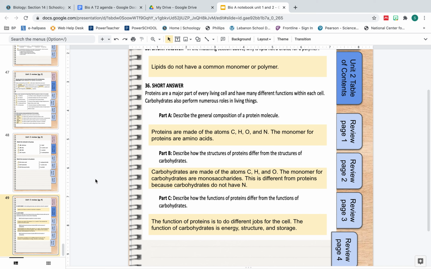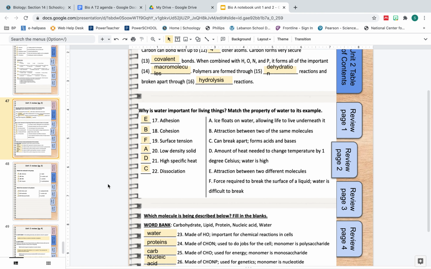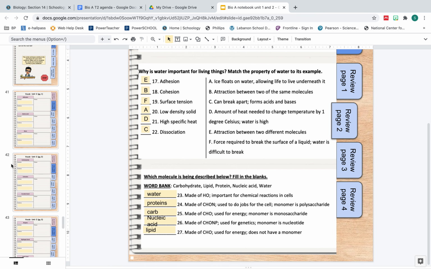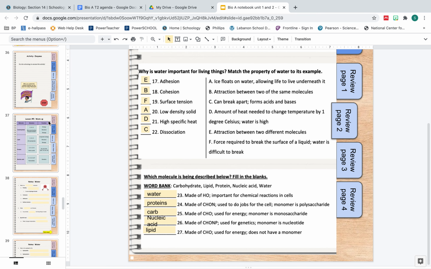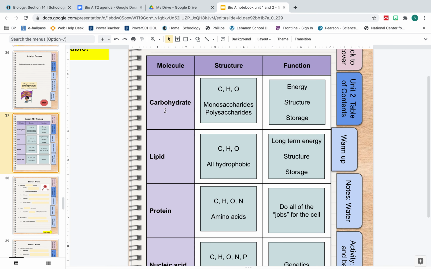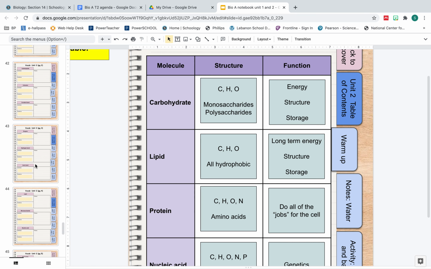If you don't want to look in your notes, there are several other places in this notebook where you can find the answers to that A, B, and C. One of them was just 2 pages ago here at the bottom. We did water. We had this page where we compared structure and function. So you just compare carbohydrate row with the protein row. There's many places you could have found these answers.